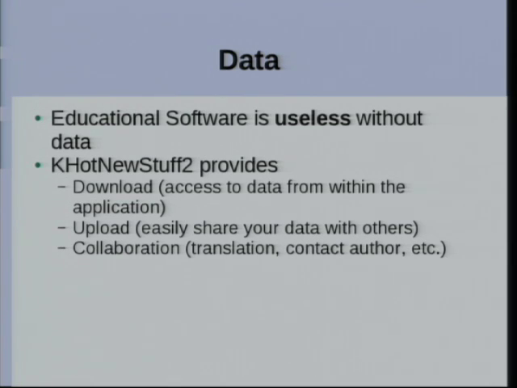You can receive updates from it, and you can also translate the name or the title of the document or the wallpaper or whatever kind of data it is directly from within the dialog itself, which is very useful, because if you see some kind of math data that someone in English makes and gives it an English name, call it the circumference of a circle or something for a geometry teacher, say, a Russian teacher who wants to use that probably wants to translate it into Russian so that their students don't have to understand all these math names from the other language, right? Have it in their local language.